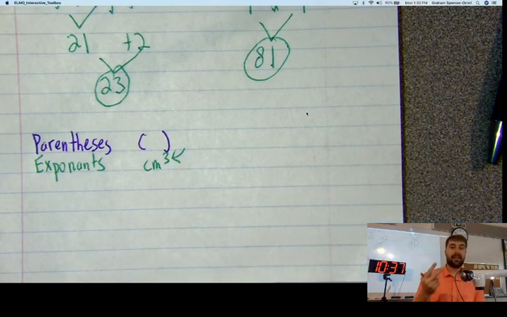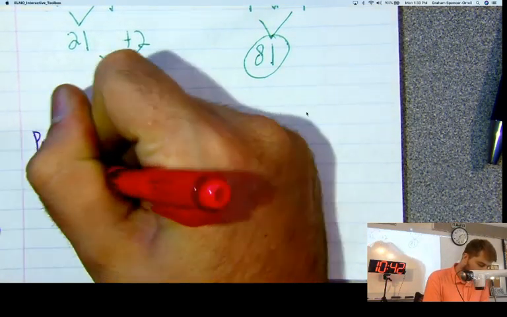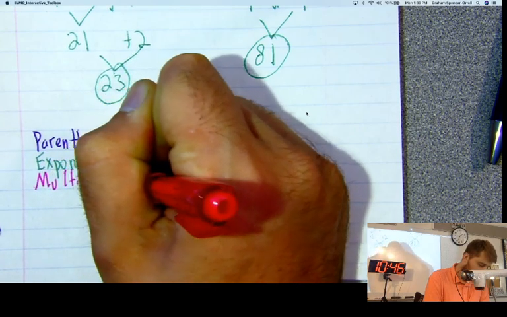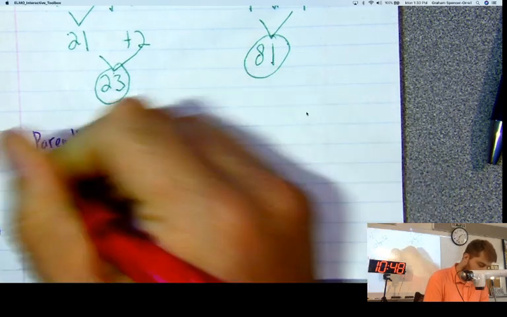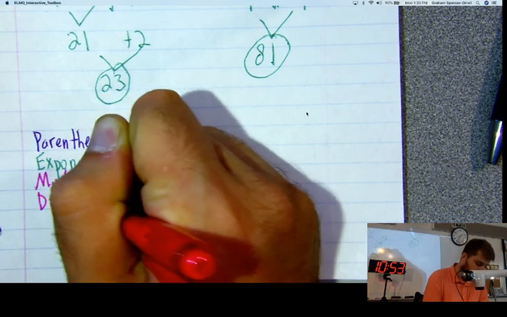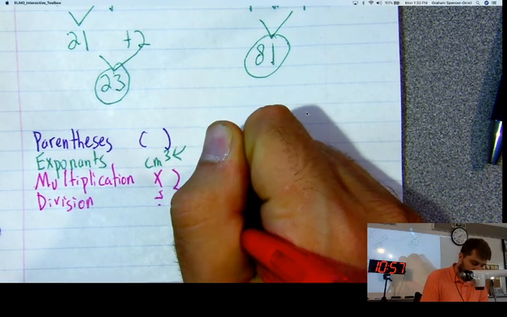The next 2 things are going to be paired together. We have multiplication and division. And we're going to group these things together.